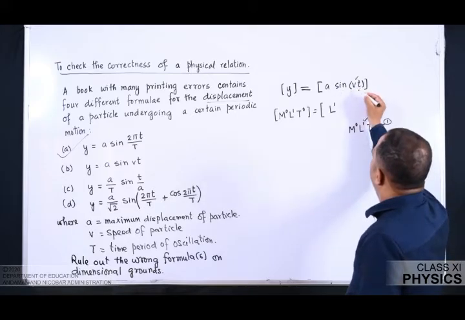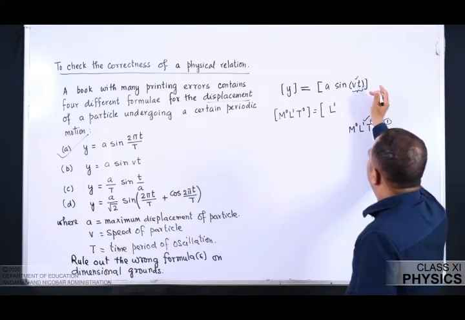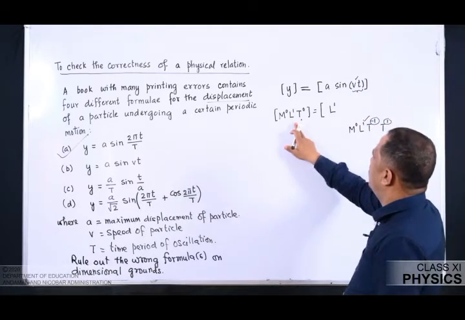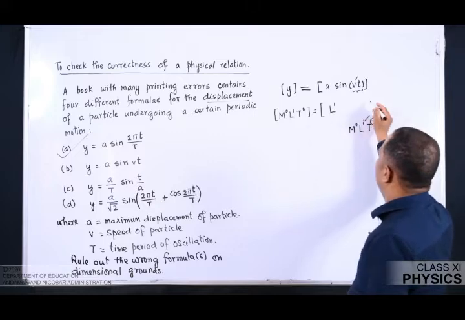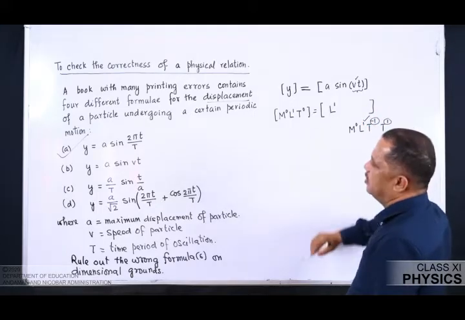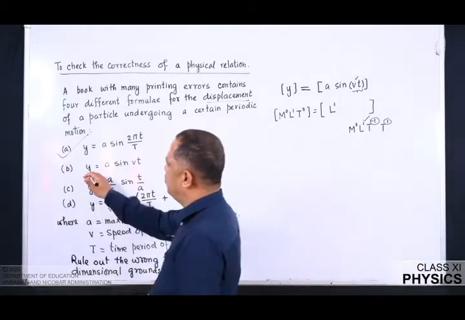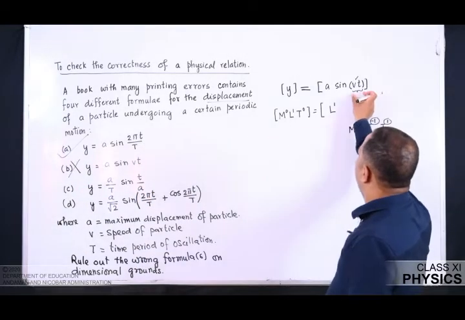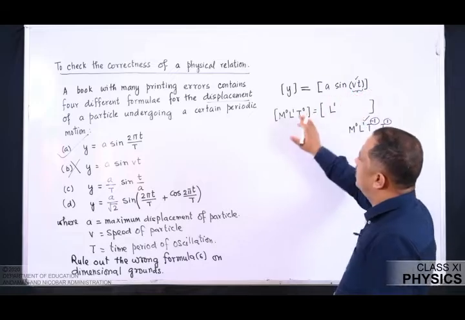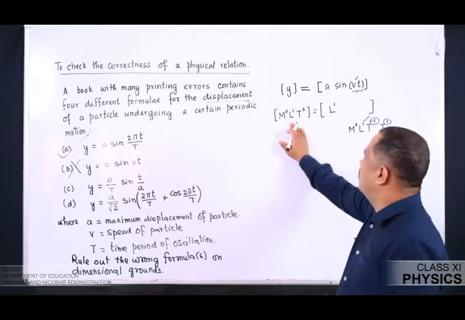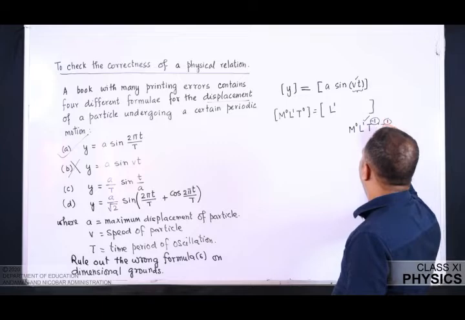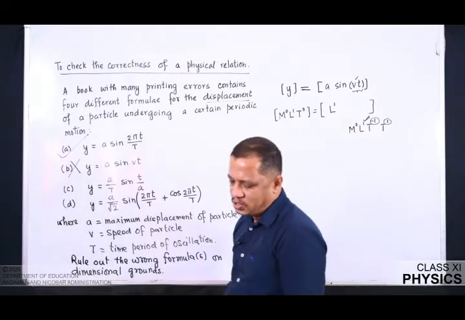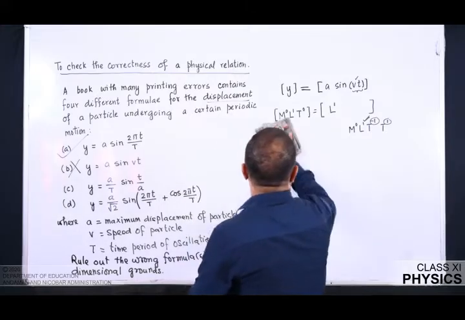So see please, on the phase you have a dimension of L power 1. Therefore the dimension on the left hand side is not equal to the right hand side, so this is dimensionally incorrect. Had this phase been a dimensionless quantity, then this relation would have been correct. But since this phase has a dimension of L power 1, this relation is dimensionally incorrect. So we can rule out B.